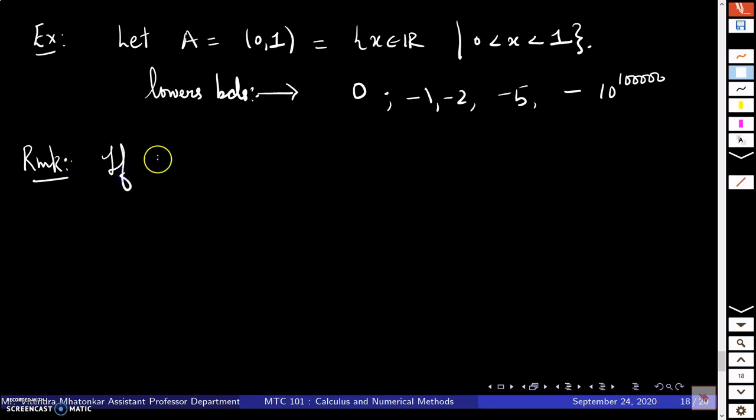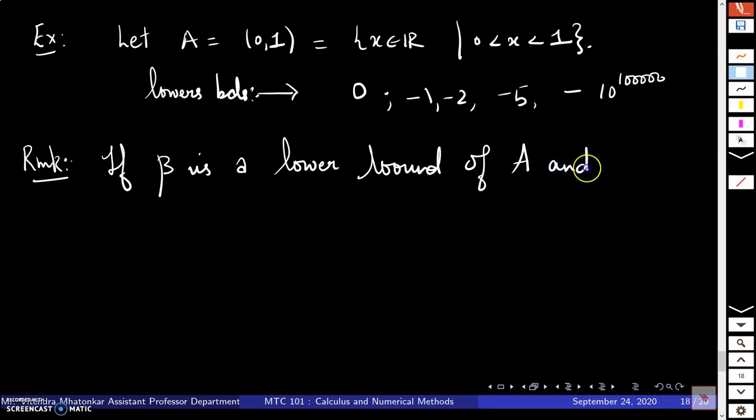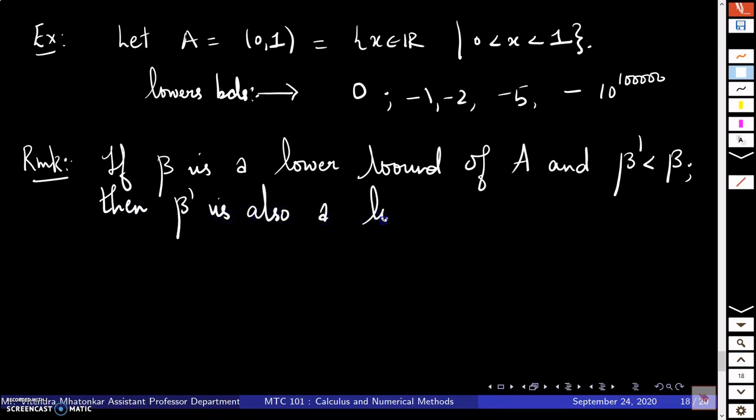If beta is a lower bound of A, and supposing beta dash is strictly less than beta, so beta dash is a real number which is less than beta, then beta dash is also a lower bound of A. So if you have one lower bound, you can produce infinitely many lower bounds. I hope this is clear.